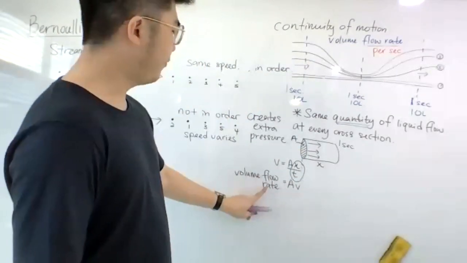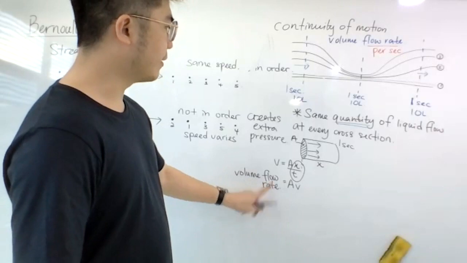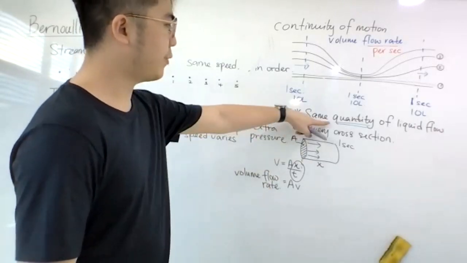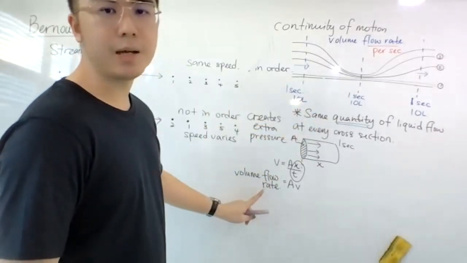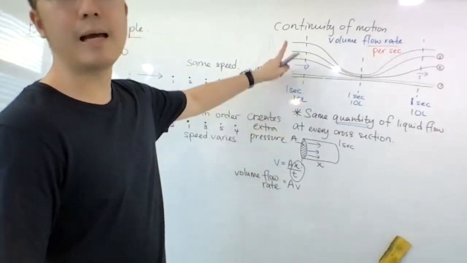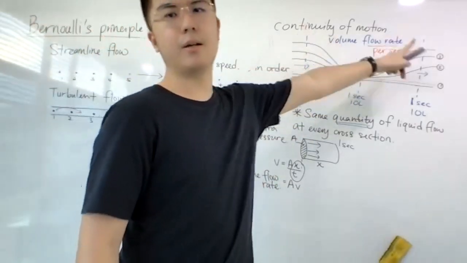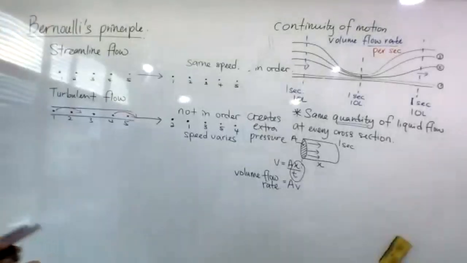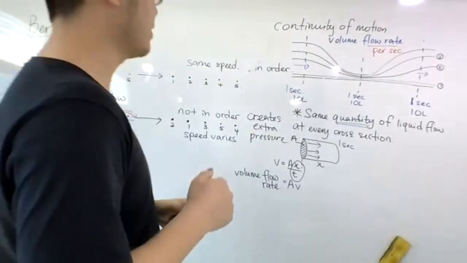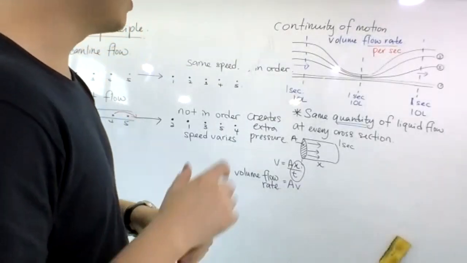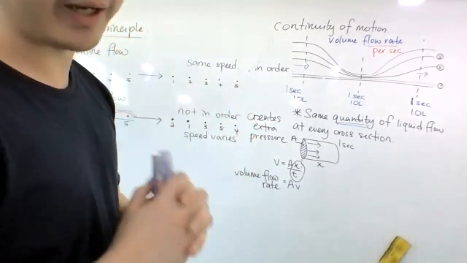So the amount of water flowing every second is the same. Same quantity, right? So that means the volume flow rate at each section must be the same. And again, that is a very important takeaway.